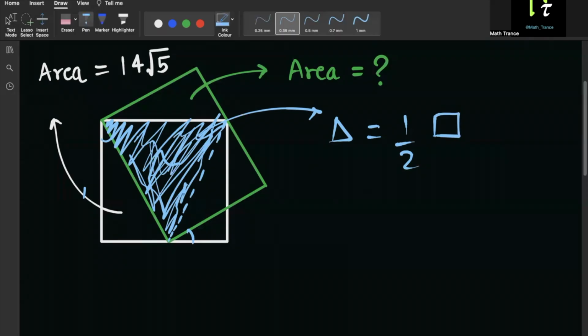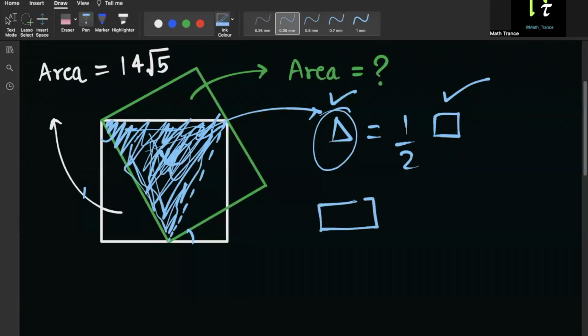Now I know the area of the square, so I know the area of the triangle. I can find it out. Now look at this triangle as a part of the rectangle. The area of this rectangle is twice the area of the triangle, because the area of a triangle is half into base into height.